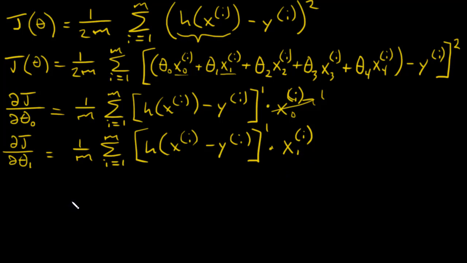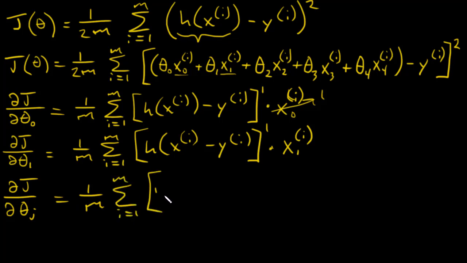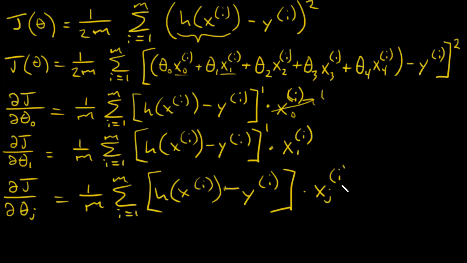So now that I've got that, I can make a general expression. The partial derivative of the cost function with respect to theta sub j is going to equal 1 over m summation i from 1 to m of my hypothesis function h(x_i) minus y_i, times x of j, i.